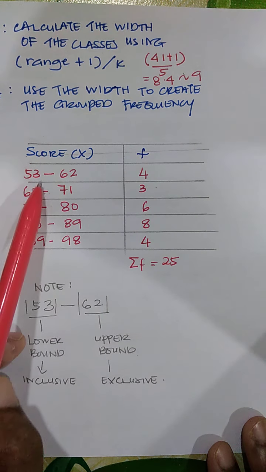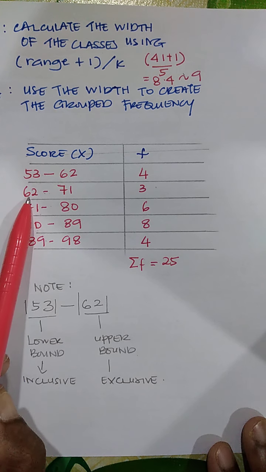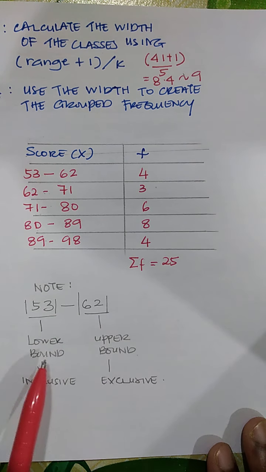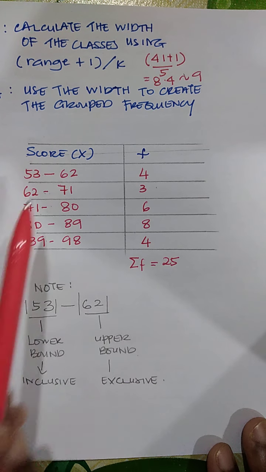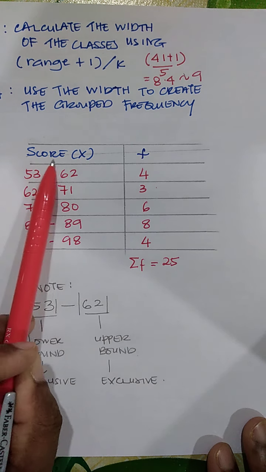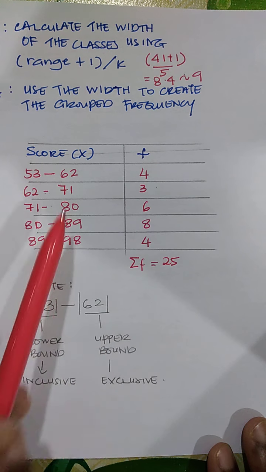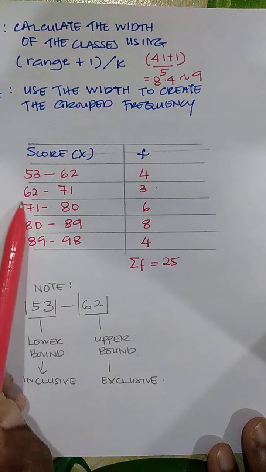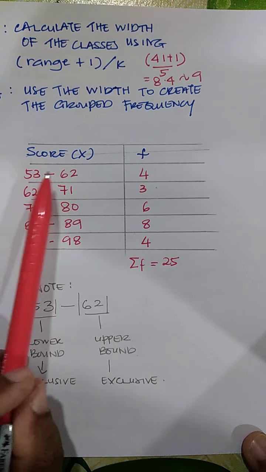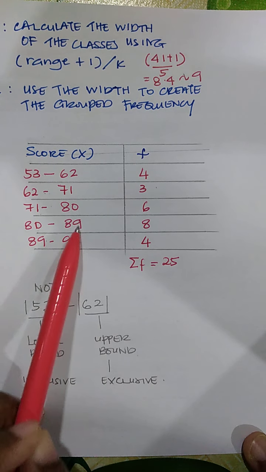You may have noticed why 62 appears twice, and then I repeat it again here. If you remember lower bound and upper bound, the lower bound is inclusive. So when you are computing frequency, we include 53 until 61. 62 is excluded because it is included in the second category. That is why 62 appears twice, and also 71, 80, and 89.